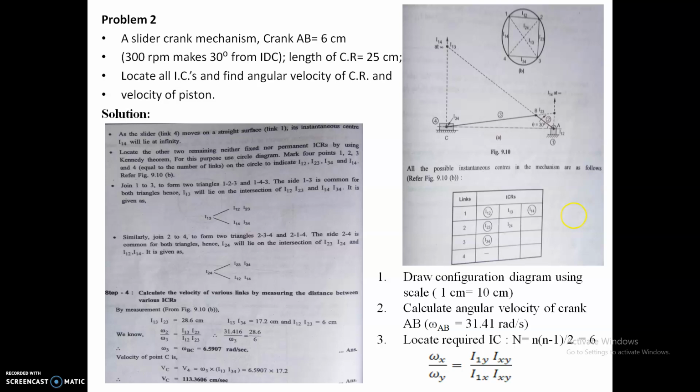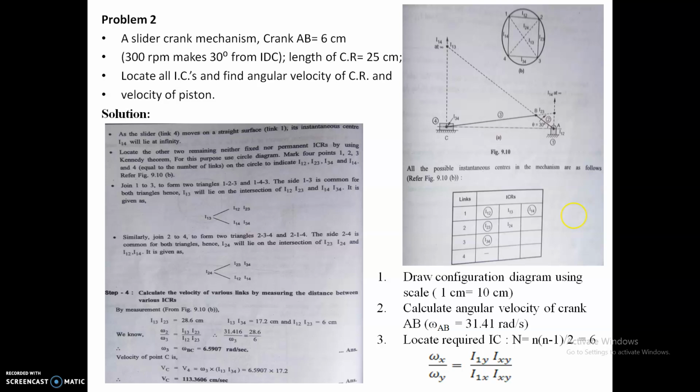In the same way, by joining 2 and 4 by the dotted line, again you will get two half triangles. On the right side, two ICs are formed, IC23 and IC34, and the left side half triangle gives another two ICs, I12 and I14.